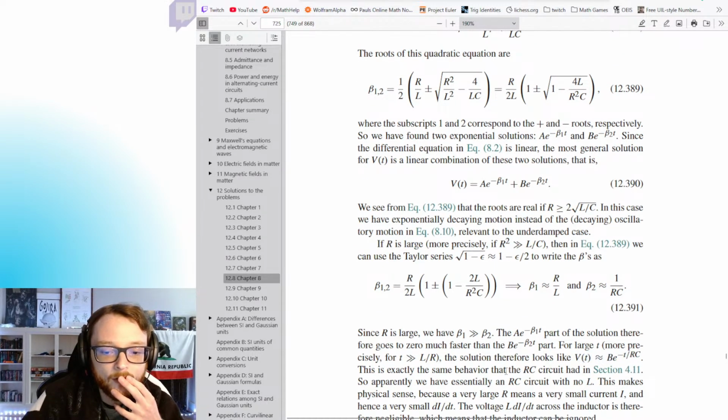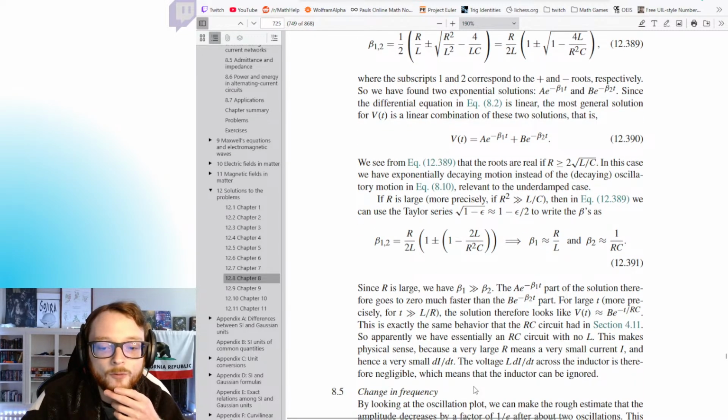The same behavior as an RC circuit. A very large R means very small current I, hence very small di dt. The voltage L di dt across the inductor is therefore negligible.